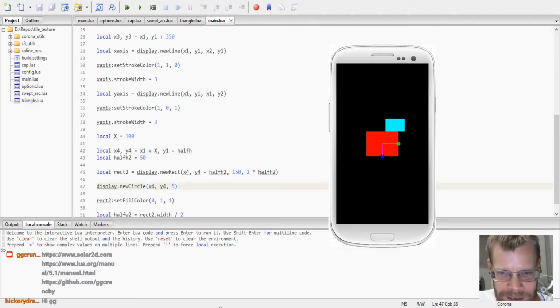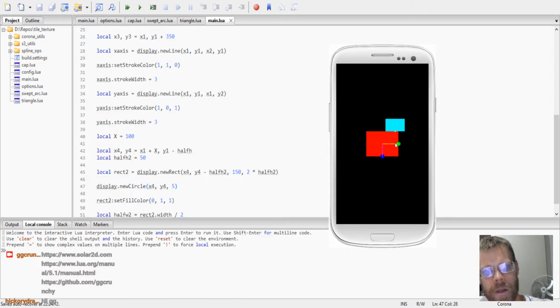I keep forgetting the radius. Right. So from the center, we go along x units. So far, so good. And we do that by following x along the x-axis. And then from that spot, y along the y-axis.